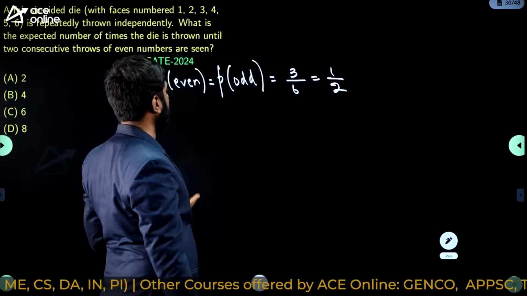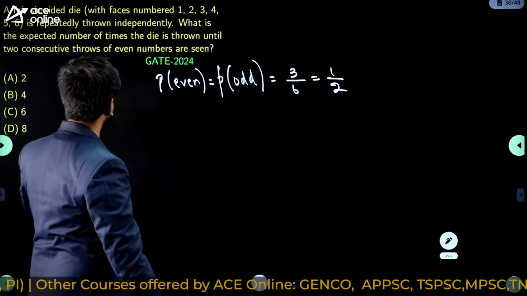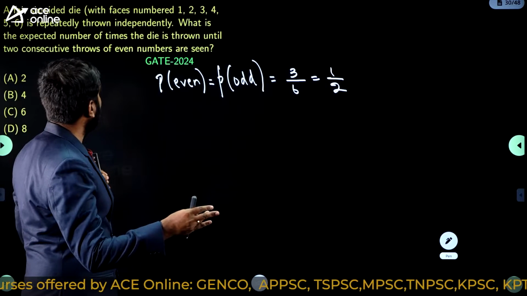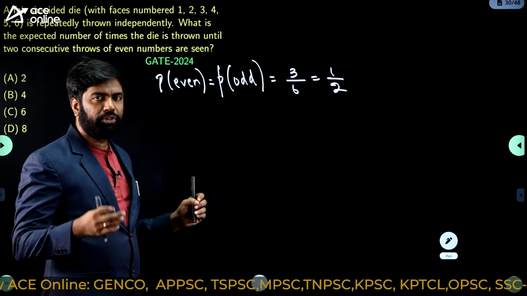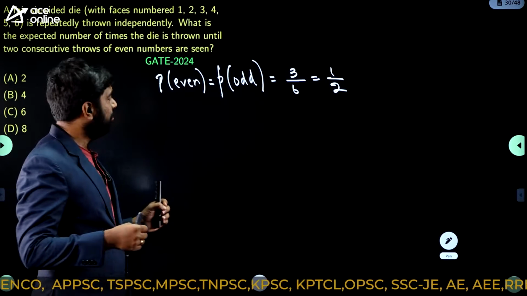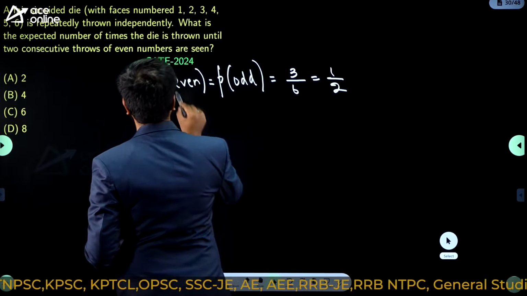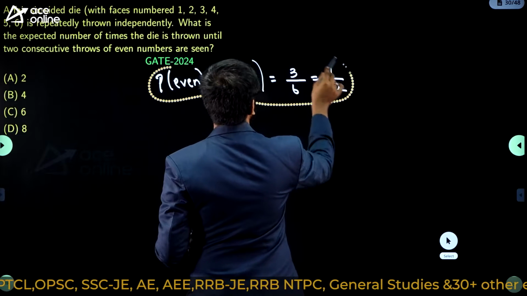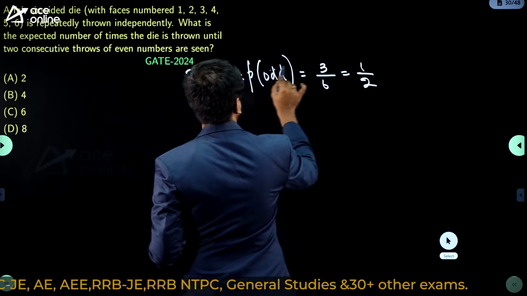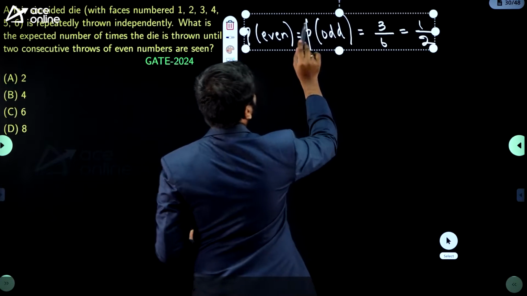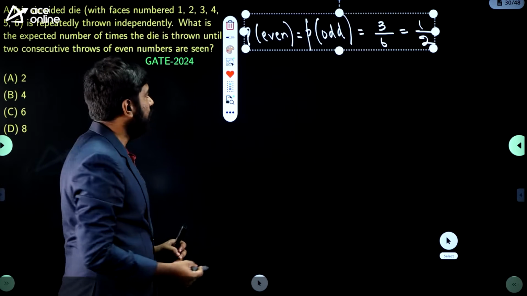The probability of even and the probability of odd are equally likely here, because from 1 to 6, 1, 3, 5 are the odd numbers, there are 3 odd numbers, and 2, 4, 6 are 3 even numbers. So they are equally likely. In the previous GATE question also, instead of a die they were talking about a coin toss where the probability of head and the probability of tail are again the same, they are also equally likely events.